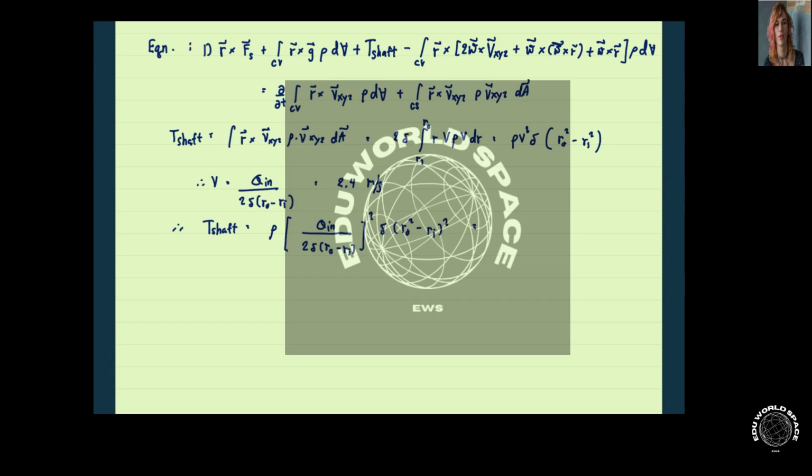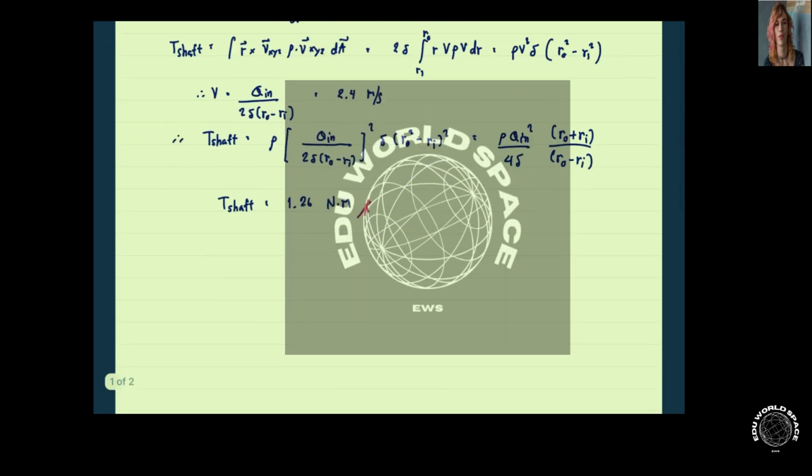So we have that T shaft to be rho Q in square over 4 del times R0 plus Ri over R0 minus Ri, and for the given data the T shaft will be 1.26 Newton meter.